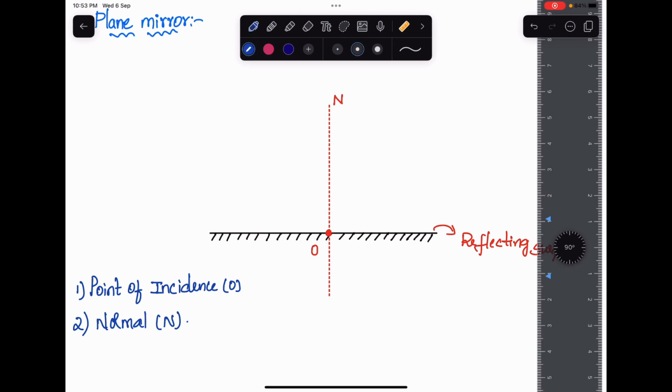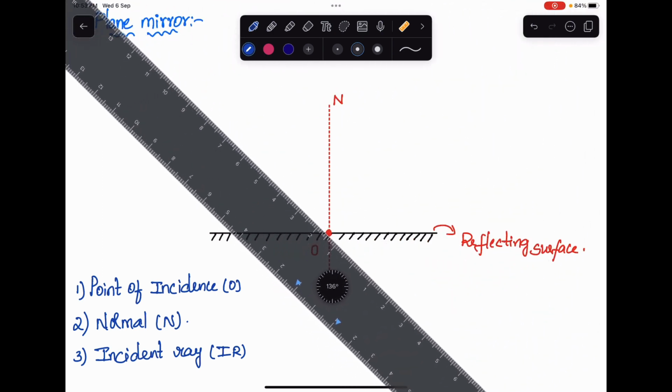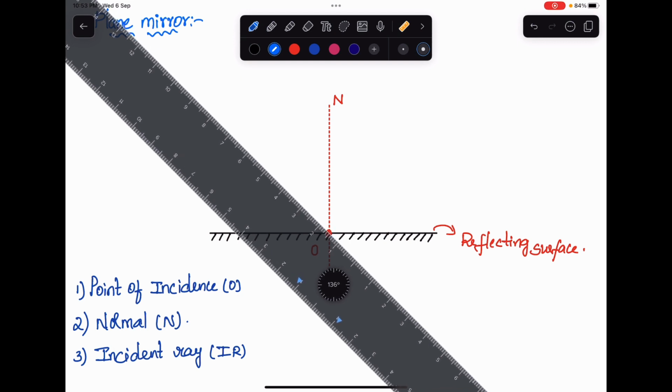Next, the third one is the incident ray, denoted in short form as IR. Let me take an incident ray. How do you define the incident ray? Light is a form of energy, right?